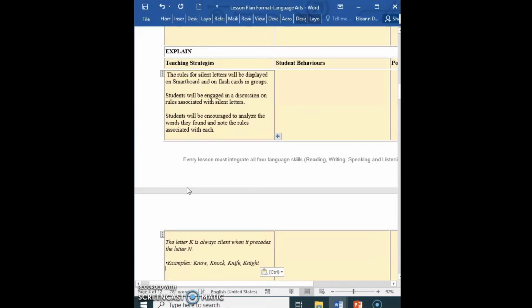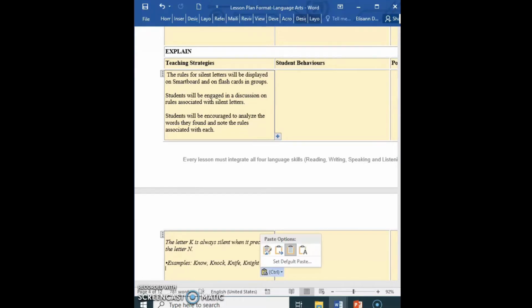I will be displaying the rules for silent letters on the smart board and of course on flashcards in groups because you want to reach those individual learners, right? And students will be engaged in a discussion on rules associated with silent letters. Students will also be encouraged by the teacher to analyze the words they found and to note the rules associated with each.